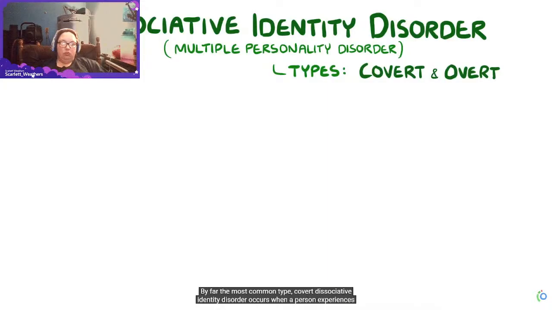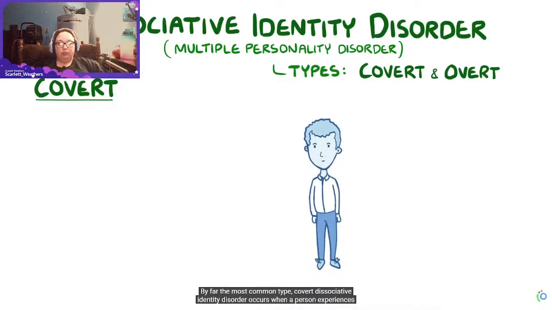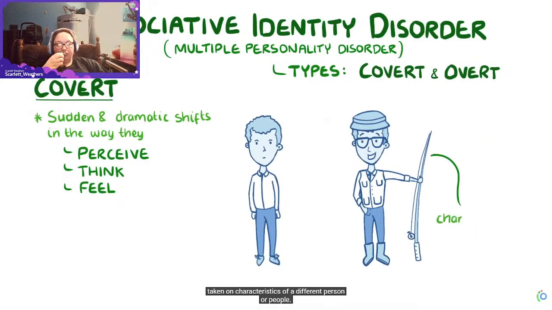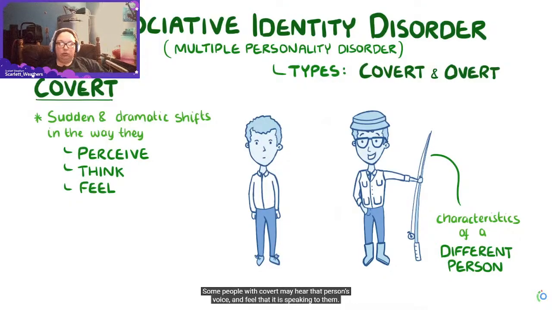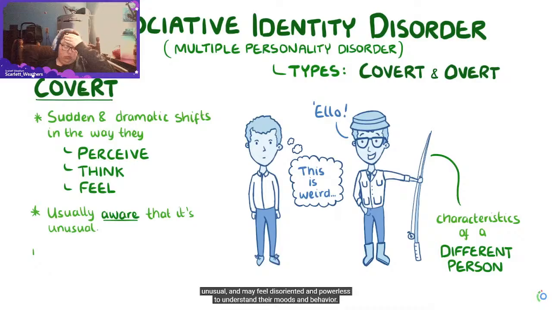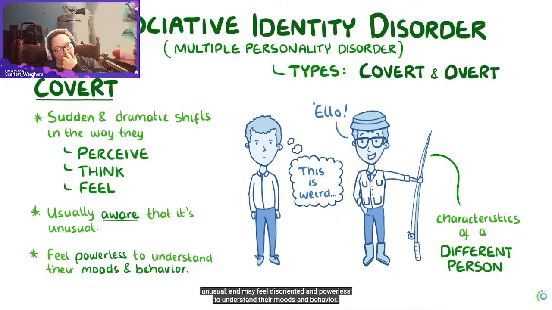By far the most common type, covert dissociative identity disorder occurs when a person experiences sudden and dramatic shifts in the way they perceive, think, or feel, as if they've taken on characteristics of a different person or people. Some people with covert may hear that person's voice and feel that it's speaking to them. Those with covert dissociative identity disorder are usually aware that their experience is unusual, and may feel disoriented and powerless to understand their moods and behaviour.